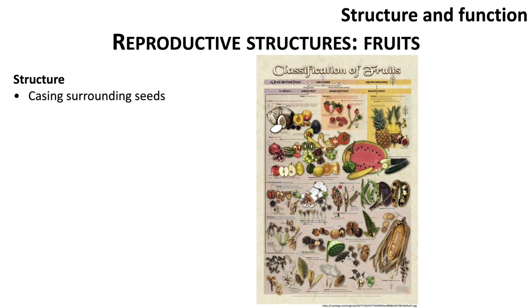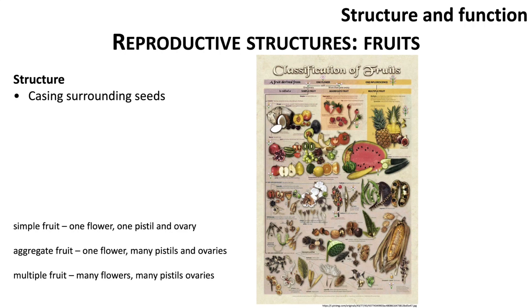Take a closer look here, or Google UW-Madison Classification of Fruits poster to explore fruit diversity and how botanists make sense of it. Though we'll touch on these concepts as we learn about fruits throughout the course, the level of detail on this poster is more for your interest than something we'll look closely at.